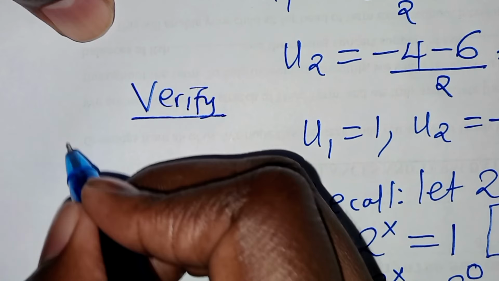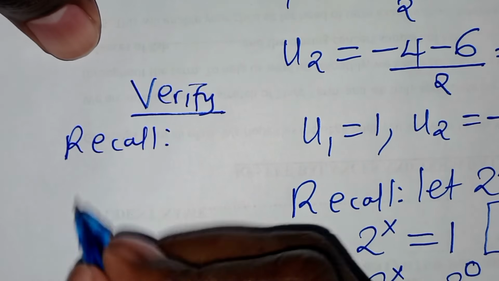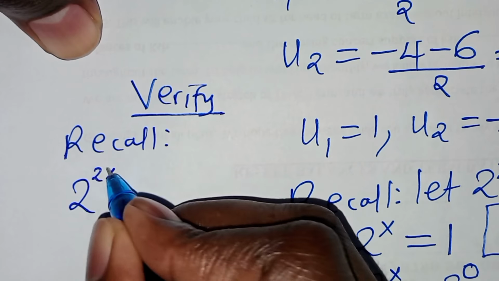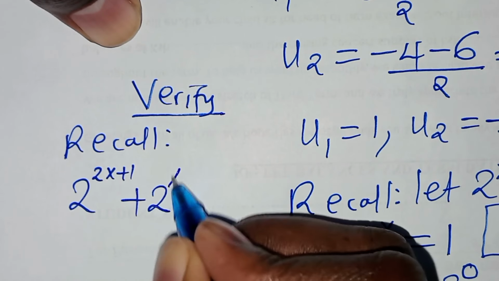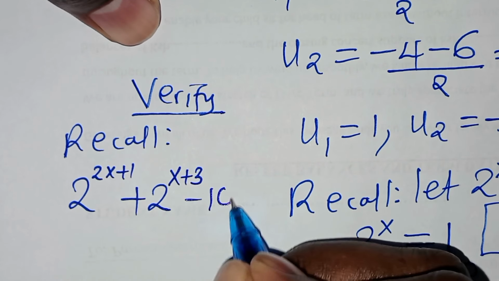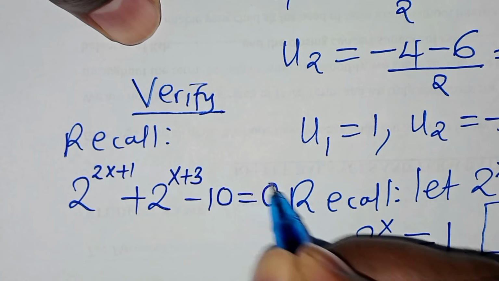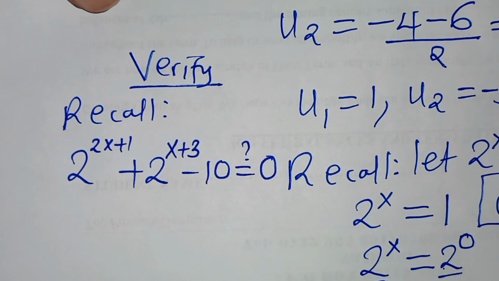If you recall, we have 2 to the power of 2x plus 1 plus 2 to the power of x plus 3 minus 10. This is supposed to give us a value of 0. Let's substitute x equal to 0.